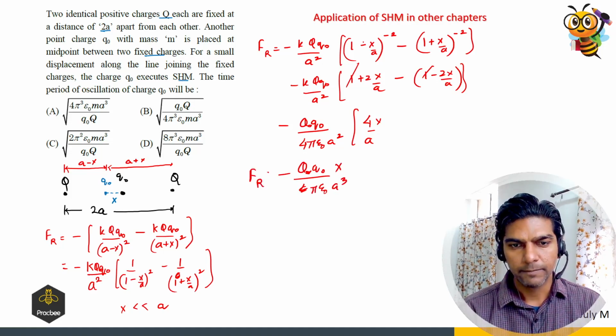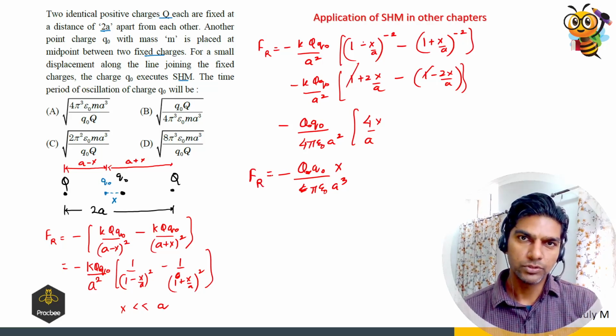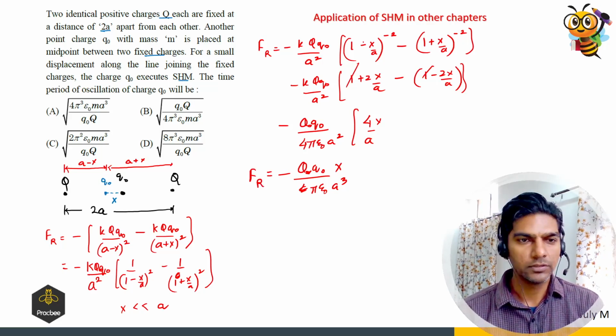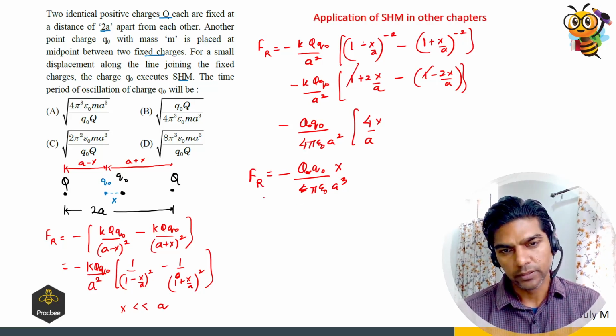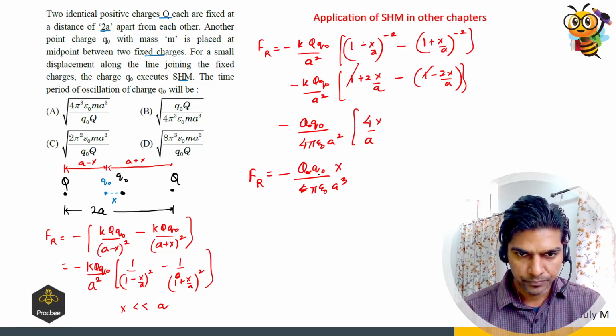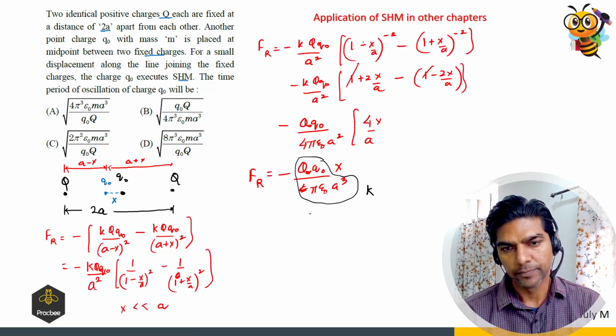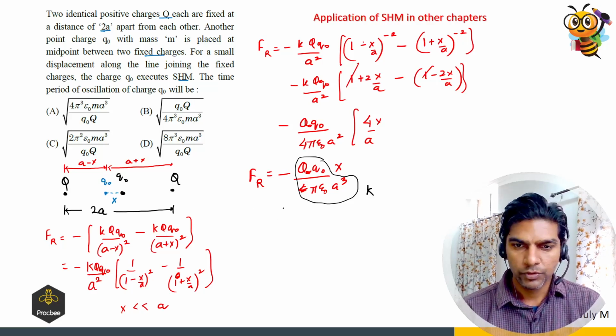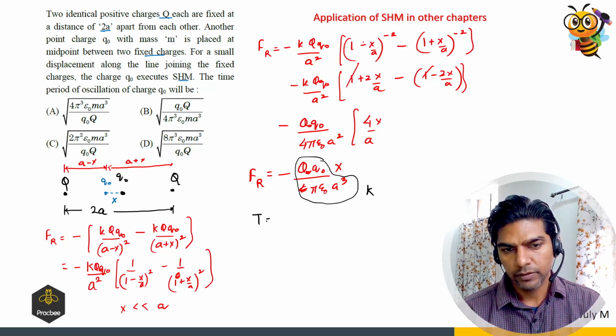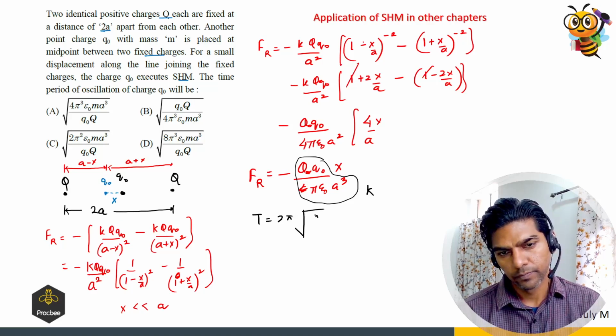So that is Fr. So we got the restoring force which is proportional to the displacement from the mean position, and we have to find the time period. So this is nothing but the force constant, this is k, and we know that the time period will be 2 pi root m by k.